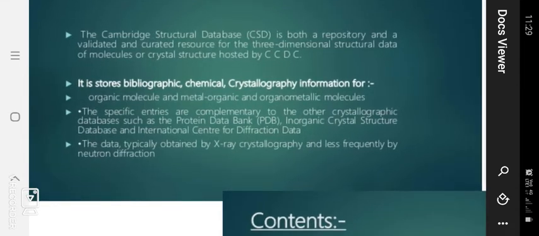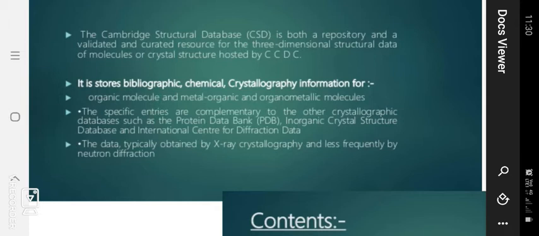Actually, it stores bibliographic information, that means reference, chemical and crystallographic information. Organic molecules, metal organic and organometallic molecules are present.